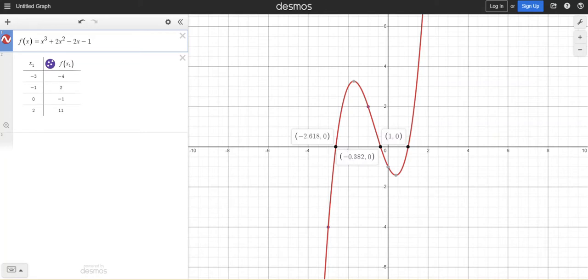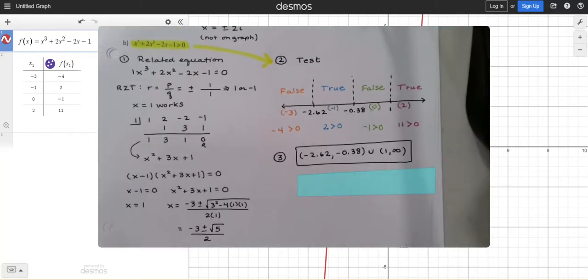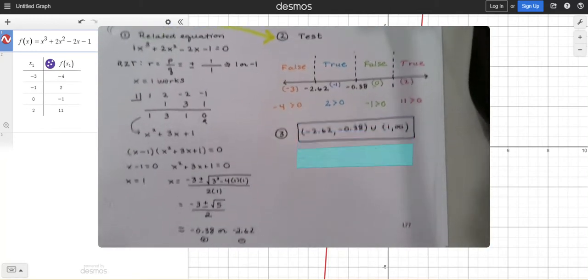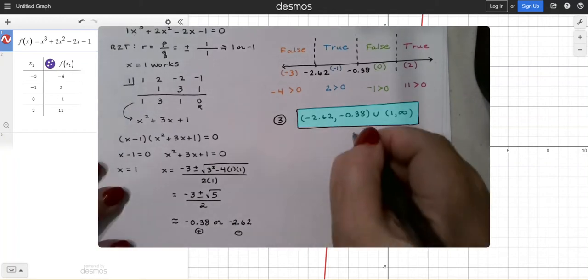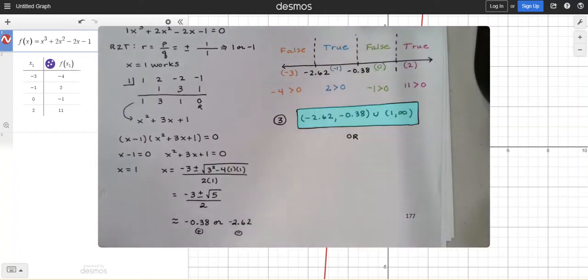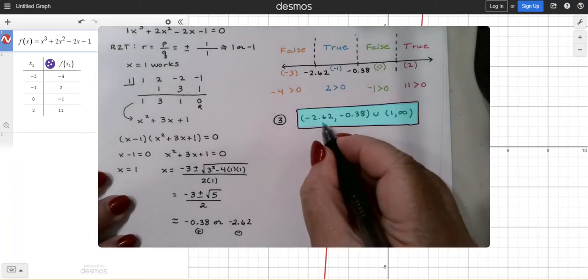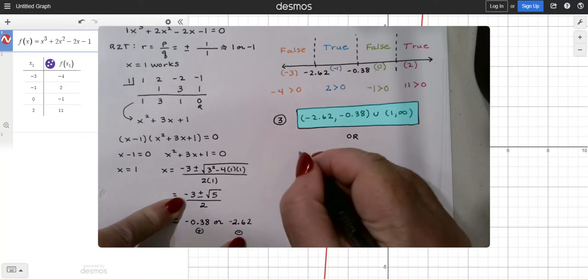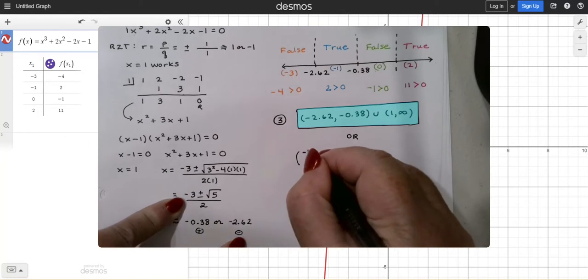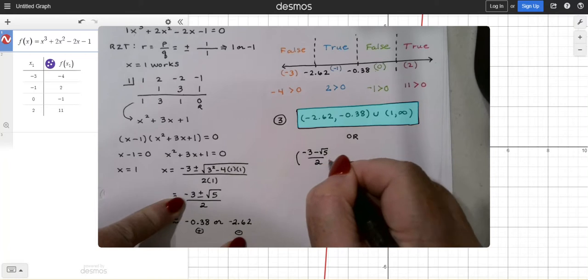By the way, I did express that answer as rounded decimals, but notice that we could have gone back to the exact values if you wanted to, or more likely if your math lab made you. We could have said the -2.62, that was from using the minus, so that was -3 minus square root 5 over 2.